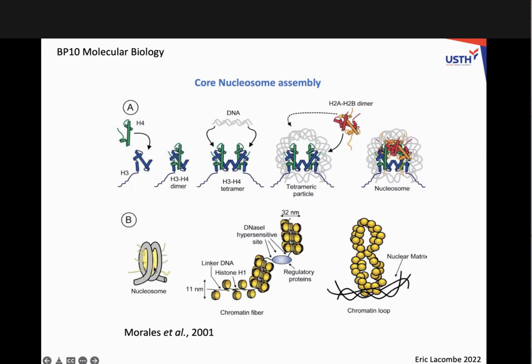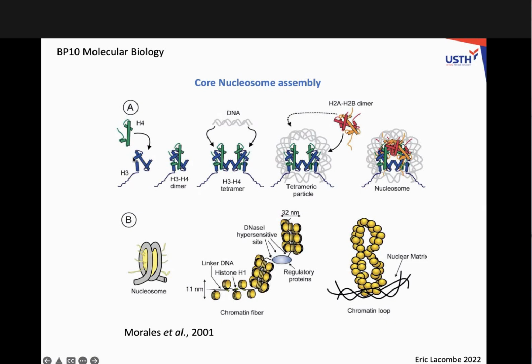Yellow represents the 8 monomers of histone, H2A, H2B, H3, and H4, the core of the protein. And the little yellow lines that you see here are the NH2 terminal sequences of the histones. And if you check, there are 8, because there are 8 monomers.